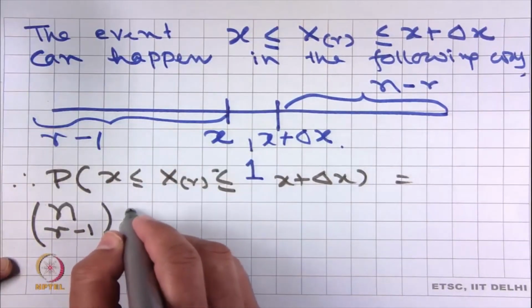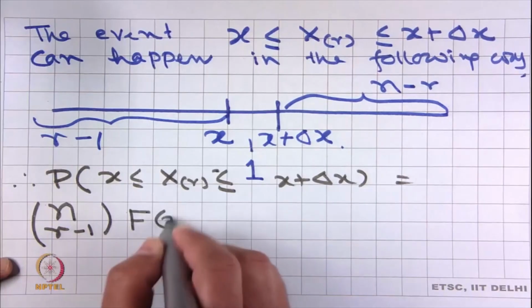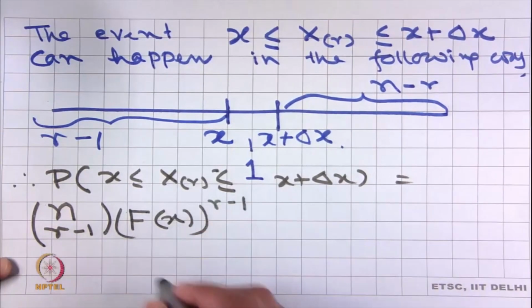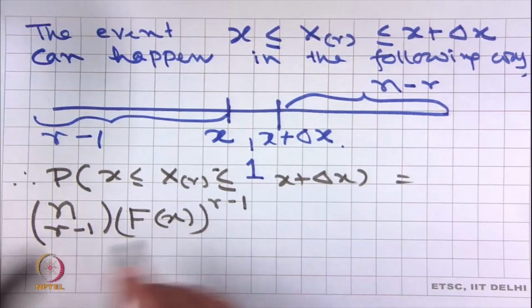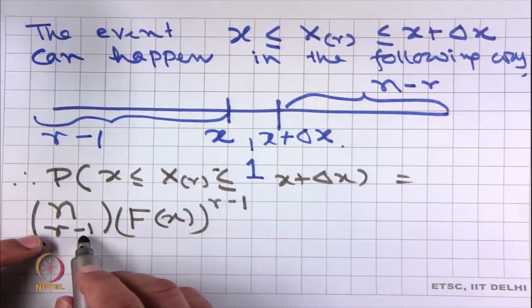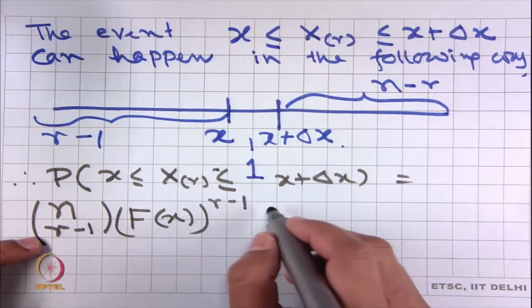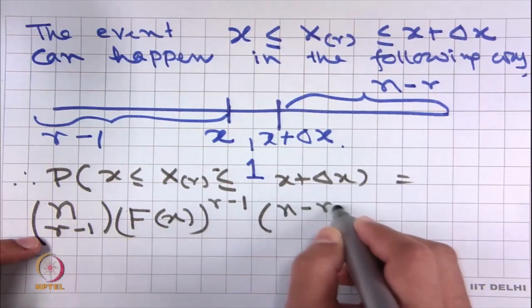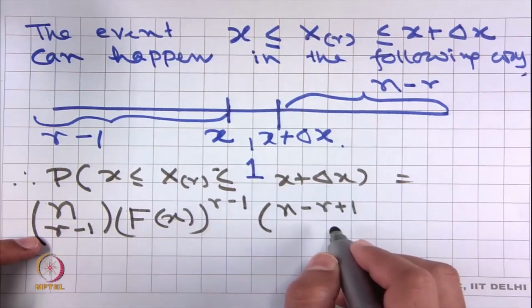Therefore, that probability is F(x) to the power r minus 1. After I have chosen r minus 1, I am left with n minus r plus 1 elements.